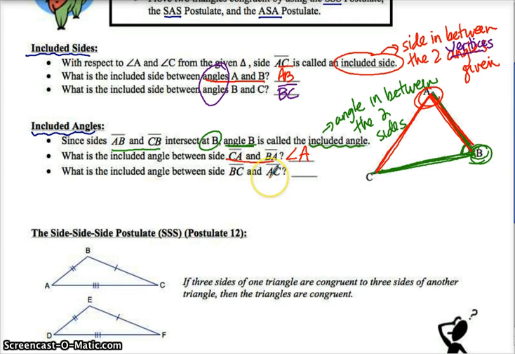So for BC and AC, you should see immediately, because they both share C, that we should be talking about angle C. Let's look on the diagram. Here's BC, here's AC. What angle do they have in common? They have C in common. So therefore, C is the included angle.